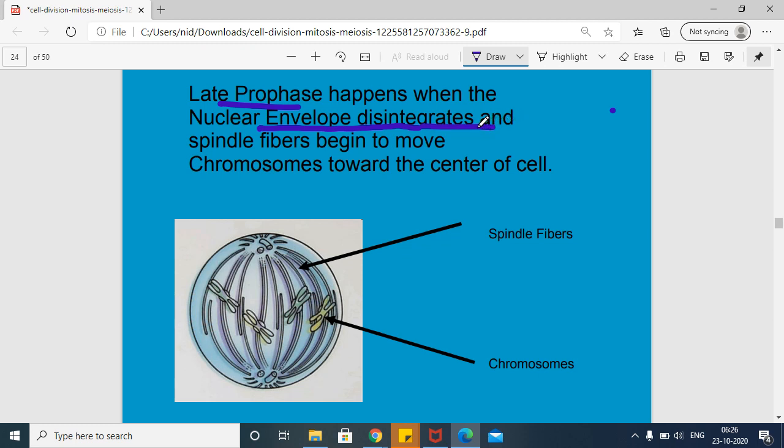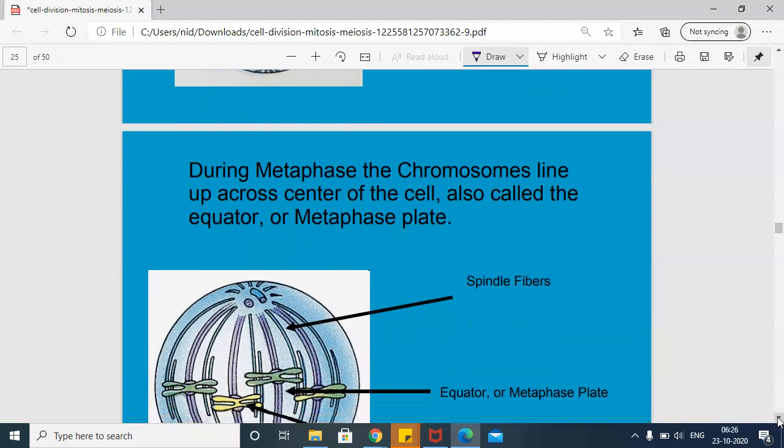Like the nuclear membrane, same thing. And the spindle is going to begin to move and the chromosomes will move towards the center, you can see, right? Any problem till here?